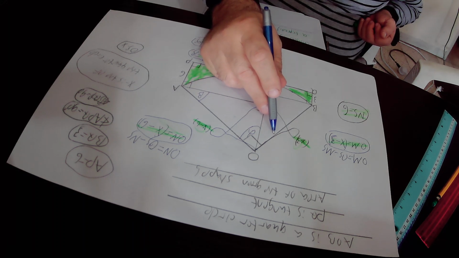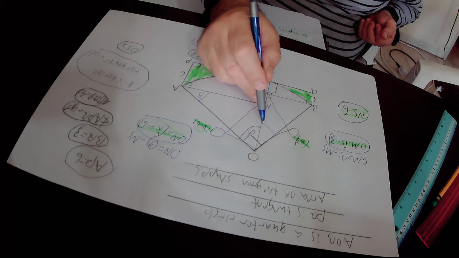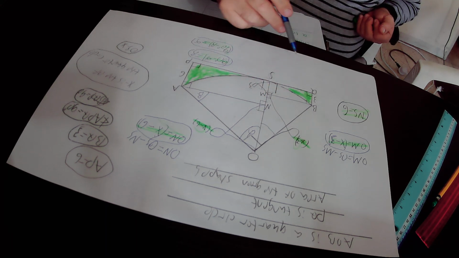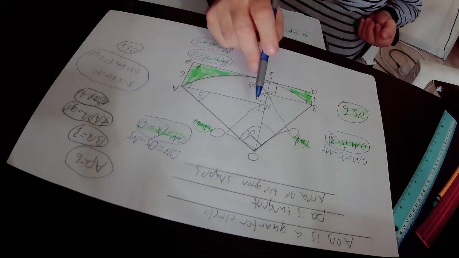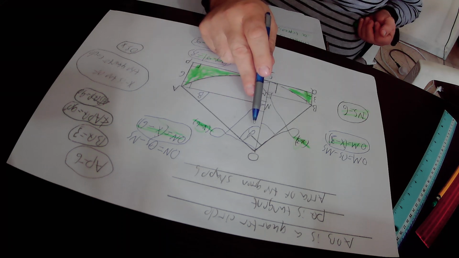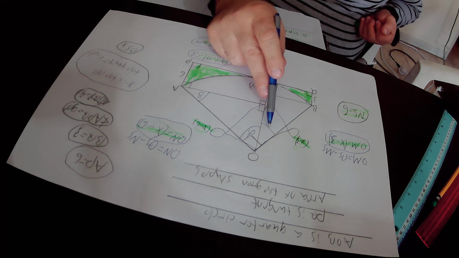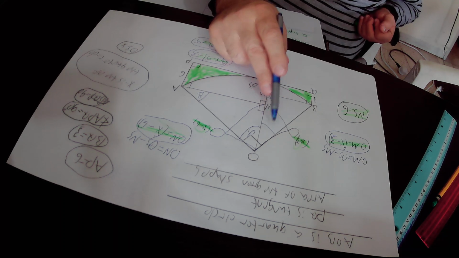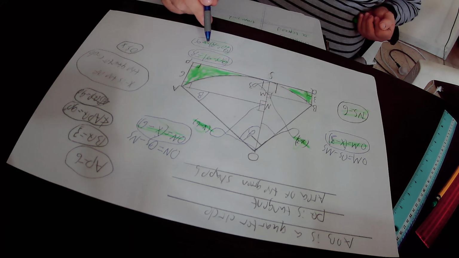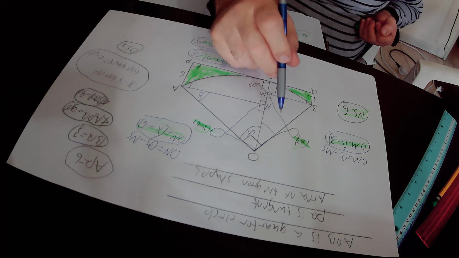So the missing angle equals 90 degrees minus alpha, and according to our definition, 90 degrees minus alpha equals beta, so the missing angle here equals beta.